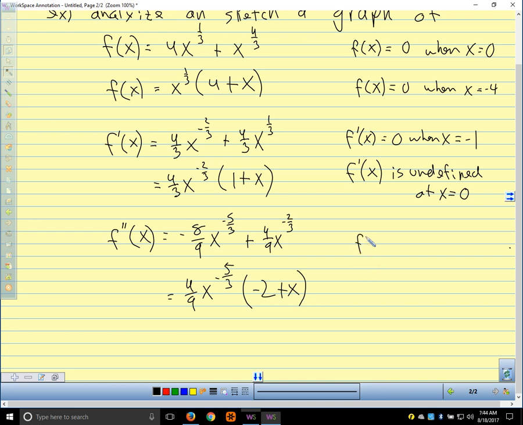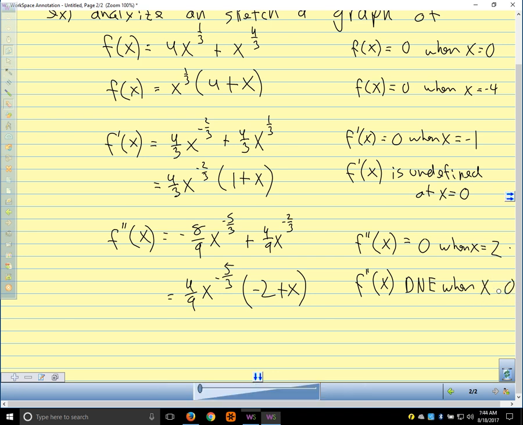F double prime, we're looking for other critical points, equals 0 when x equals 2. So that's another critical point. And what else happens? We get an undefined second derivative, so I'm going to say DNE, when x equals 0. So we definitely see something interesting happening at x equals 0.